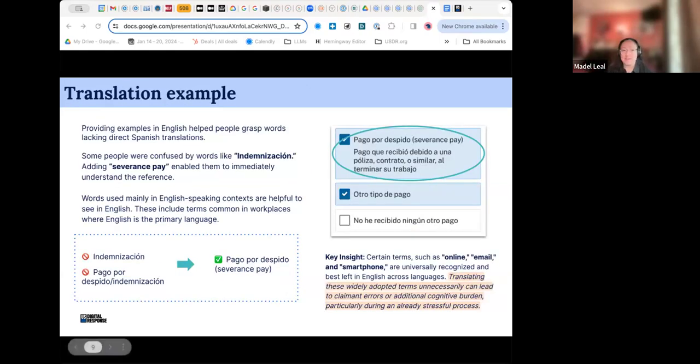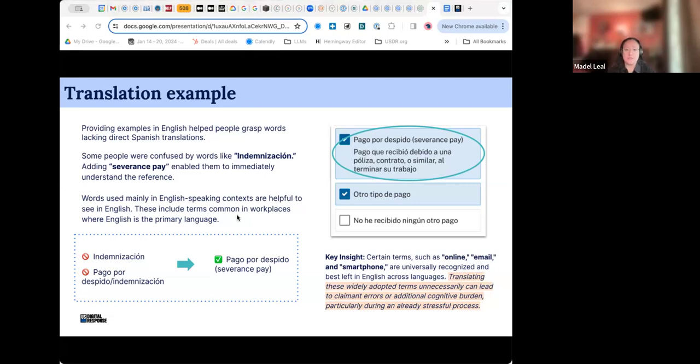I'll walk through really quickly this example that we found. This was a really good example of what we may think is intuitive. We found that most people understood the English term versus the Spanish translation. In this case, indemnización, which means compensation in Spanish, it was helpful to have severance pay next to it.